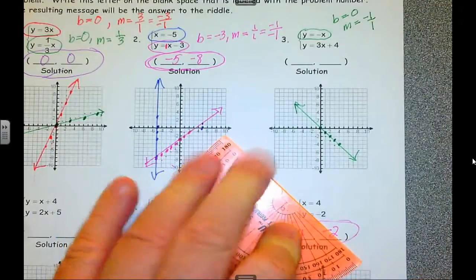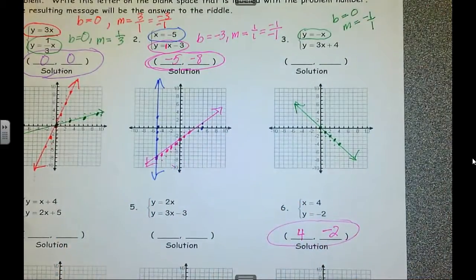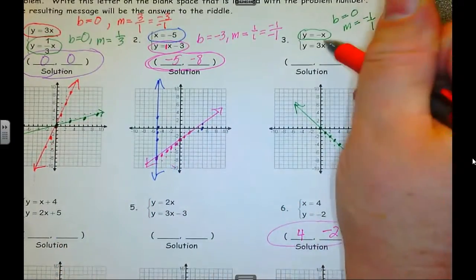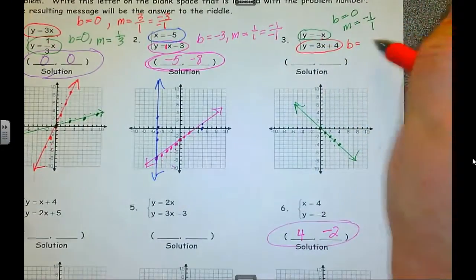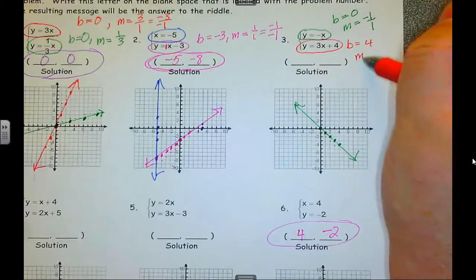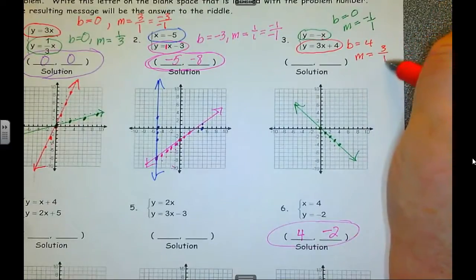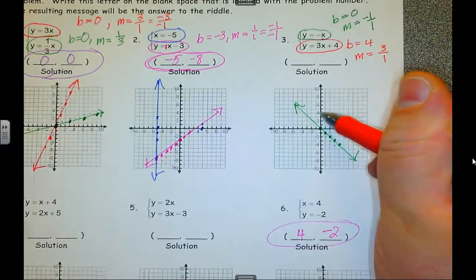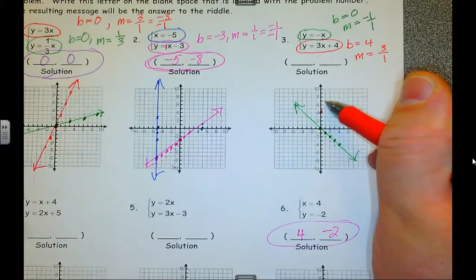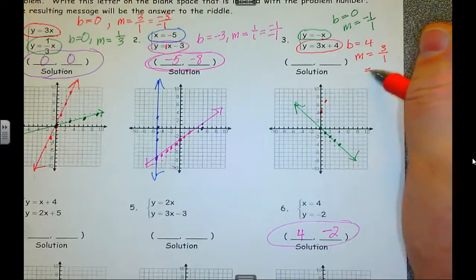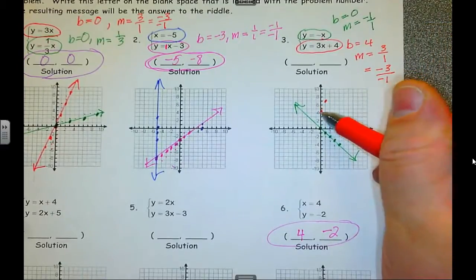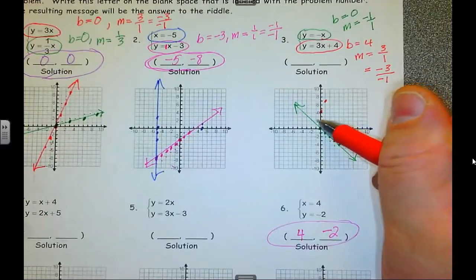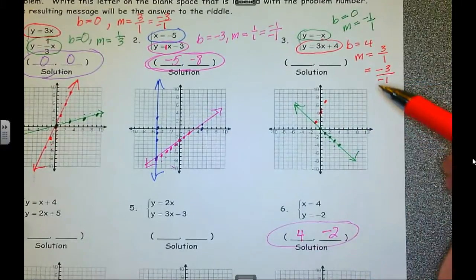There's that line. Graph the other line. Y-intercept is 4, slope. So let's see, 4, go up 3, right 1. Actually, probably easier to do -3 over -1. Down 3, 1.